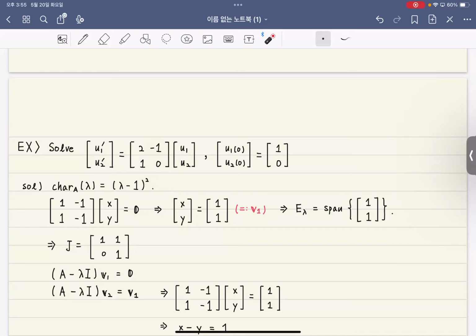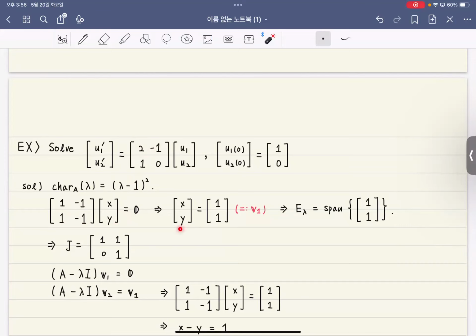Since I found the eigenvalues, let me try to find its eigenvector. So I subtract all these diagonal entries by eigenvalue 1. So 1 minus 1 and 1 minus 1, and (x, y) equals 0. So it means x minus y equals 0.